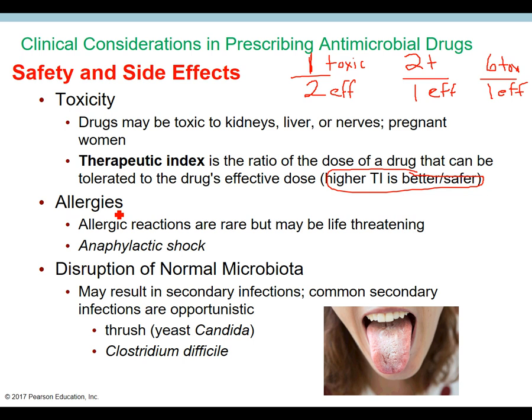Another thing that sometimes happens with drugs is that they cause allergies, and there's a lot of reasons why, but you can't really predict allergies. Some allergies just give you a skin rash or hives, but some allergies cause your throat to close up, and you can go into anaphylactic shock, which is very dangerous.